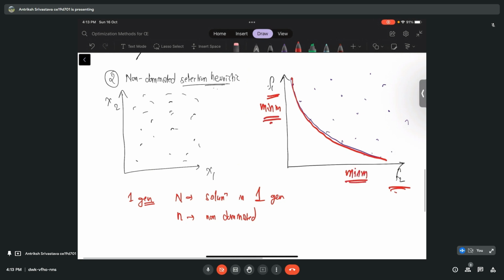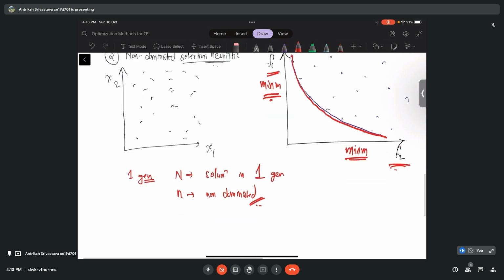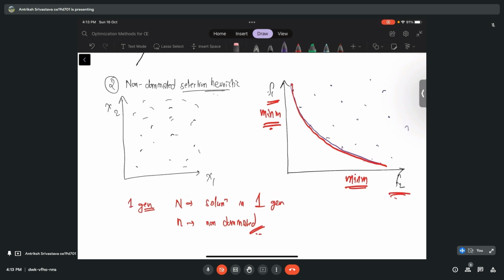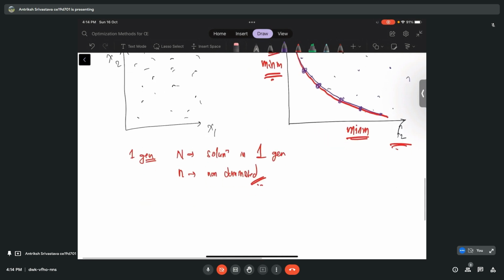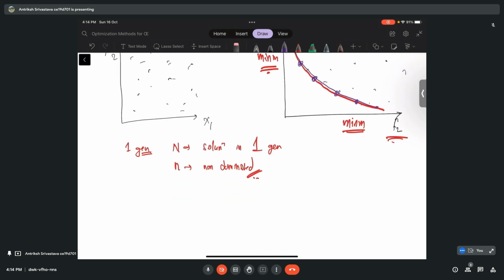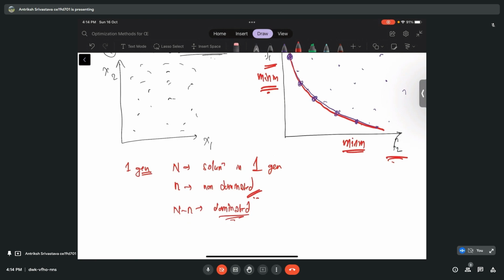Yeah, so it's a minimization problem, and n is the number of non-dominated solutions. What that means is there are n points on this particular Pareto optimal front, and there are N minus n points that are dominated. We will see what dominated and non-dominated mean. It's a very useful concept, and you can easily get confused in it. So N minus n is the number of dominated solutions.